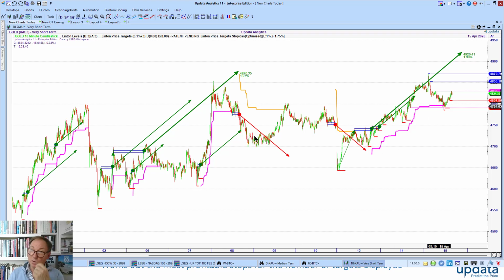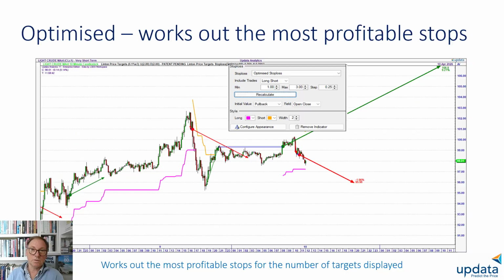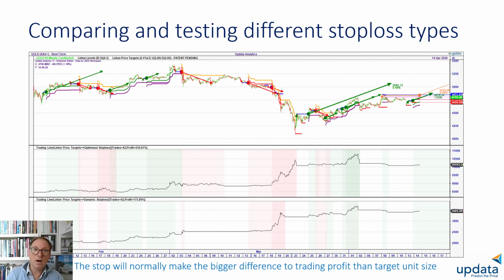Actually, that's because these ones worked well historically, it has taken you out early here. Now that is because they worked well previously. And so you have to decide, how far do you want to look back in terms of your charts. So that's how the stops work.